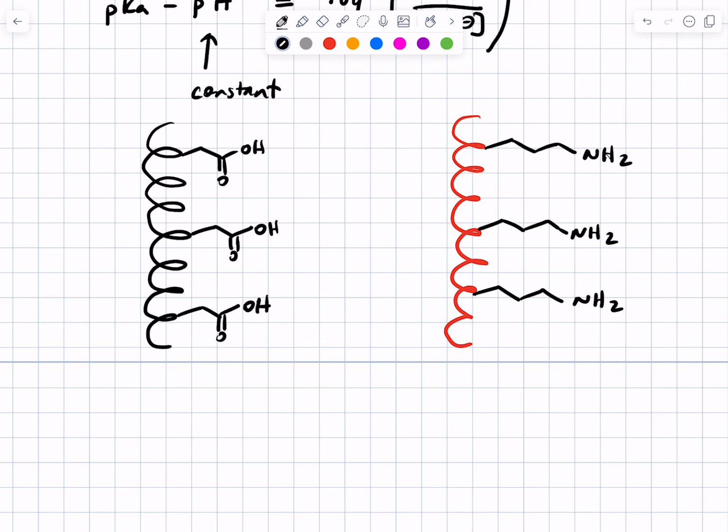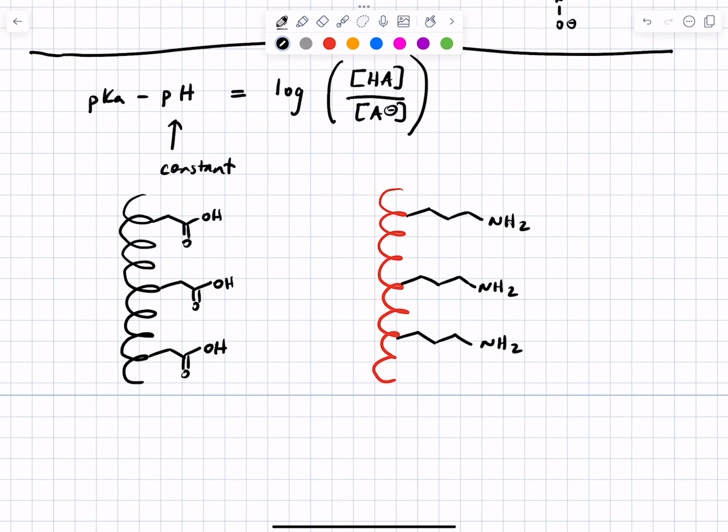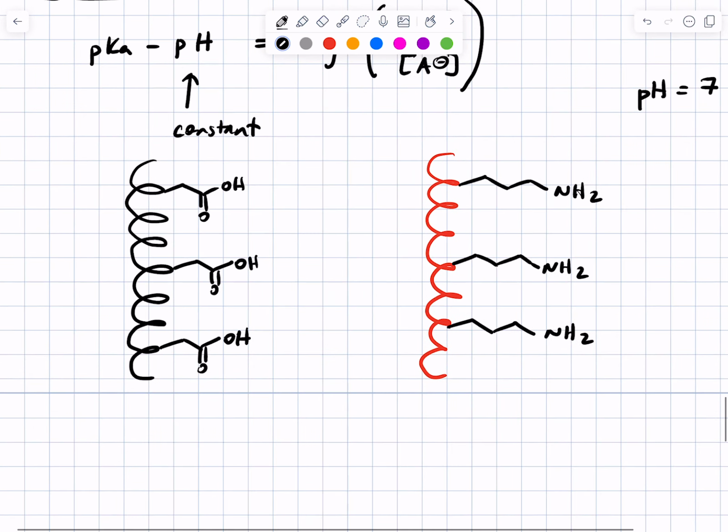There's a lot of other kinds of amino acid side chains that we could be thinking about. Now, I will tell you that in our experiments, pH is 7. And then we need to identify what the pKa's of the various side chains are on this peptide or protein.